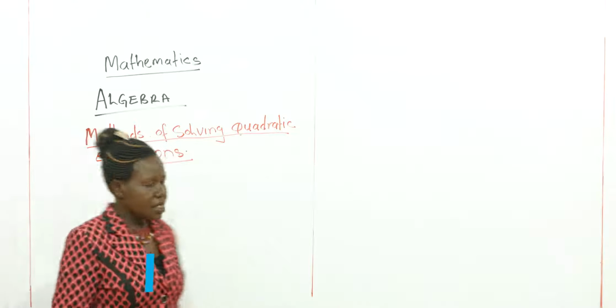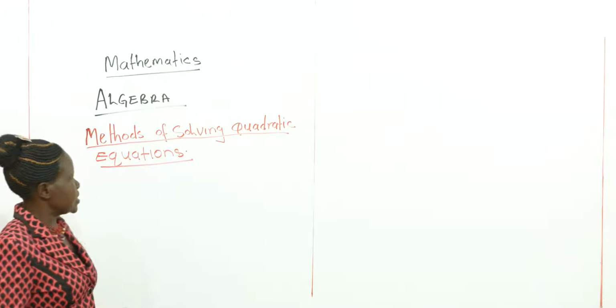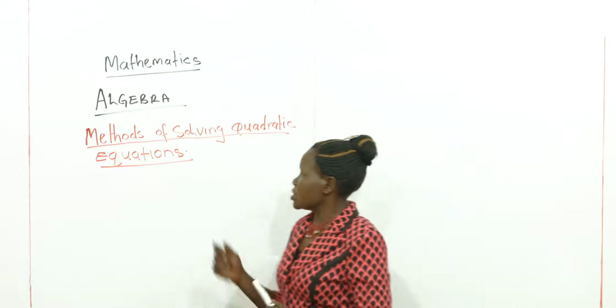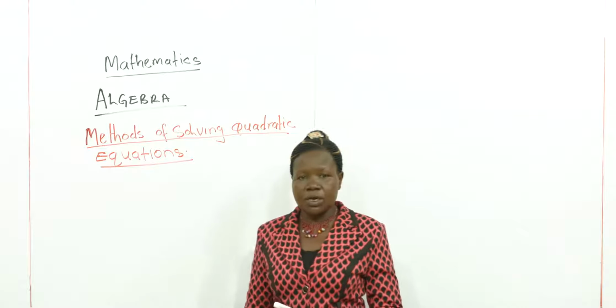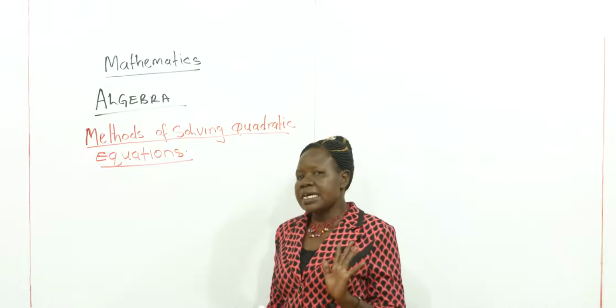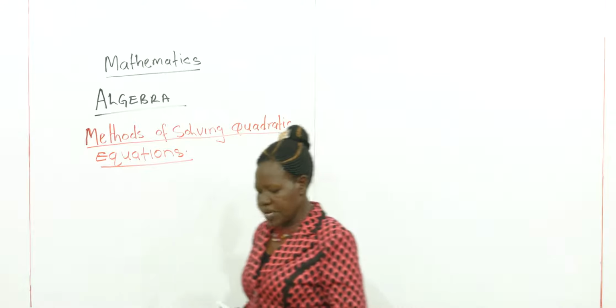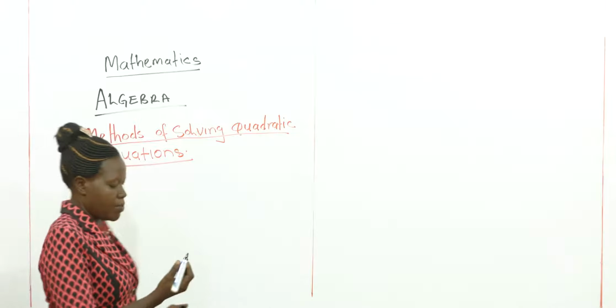So dear learners, our topic still remains Algebra, and we are still looking at the methods of solving quadratic equations. Remember that under these methods of solving quadratic equations, we have so far looked at 3, and the fourth one, we did not complete it. So that was the general formula.